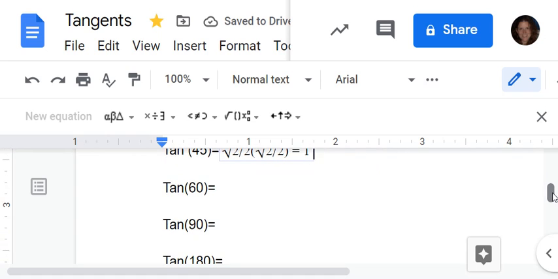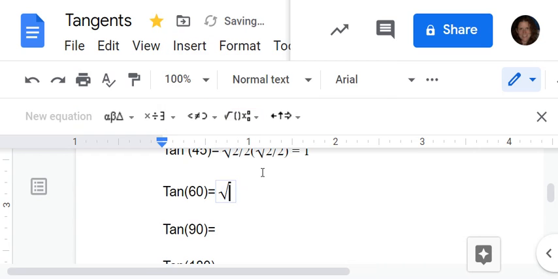So what about 60 degrees? Now again, I looked this up. 60 degrees, we should be getting square root 3 divided by 2, all over 1/2. This is going to reduce the whole thing.